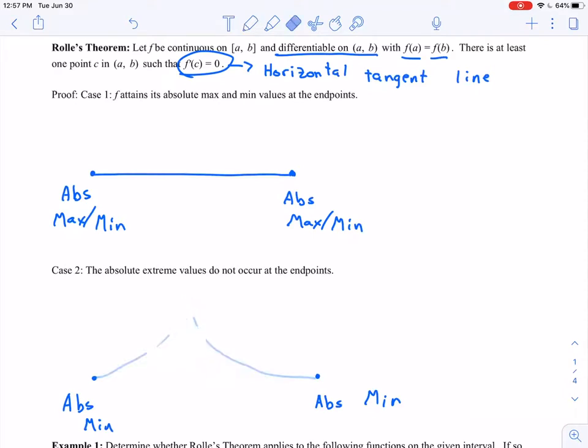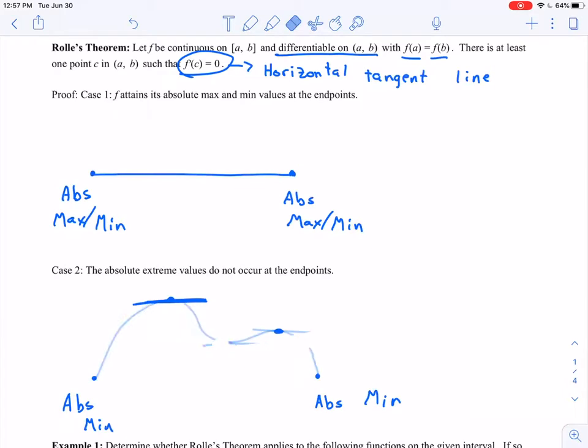So essentially what this is requiring us to have is some sort of smooth curve here. Maybe it looks something like that. And we have at least one point where we have a horizontal tangent line. Now, it is entirely possible that we have more than one. Perhaps in this case we've got up to 3.